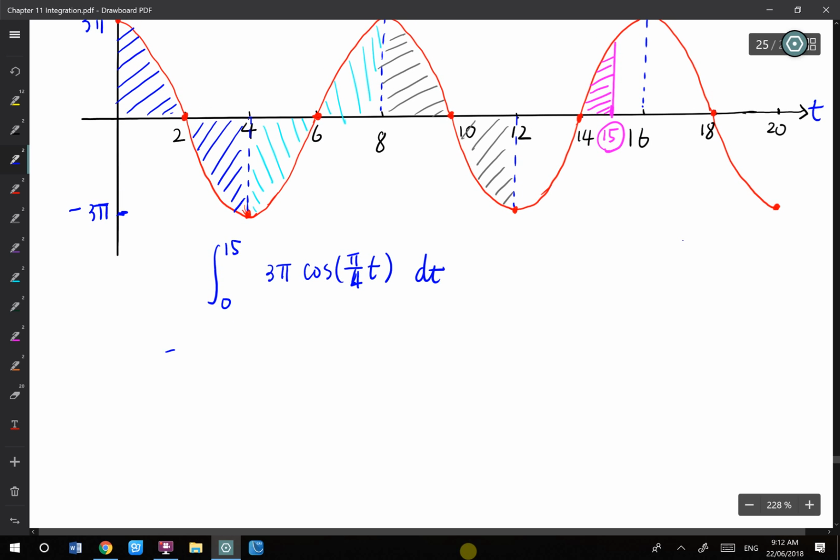Okay, so what I will have is 3 pi times 4 over pi, cosine becomes positive sine, pi over 4 t, from 0 to 15.